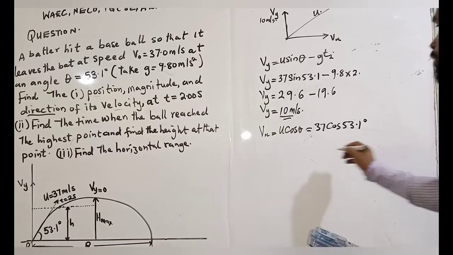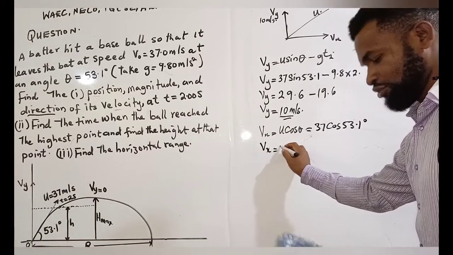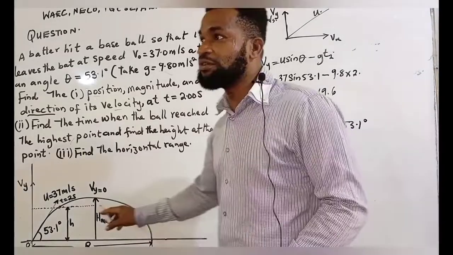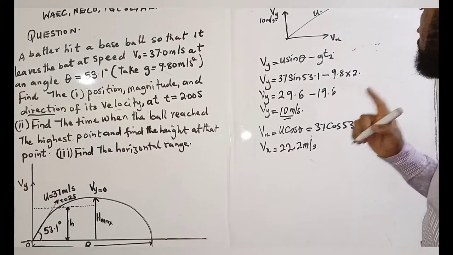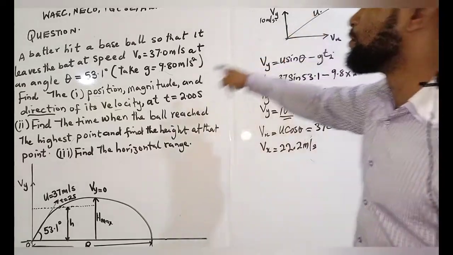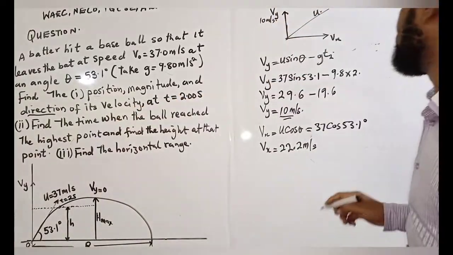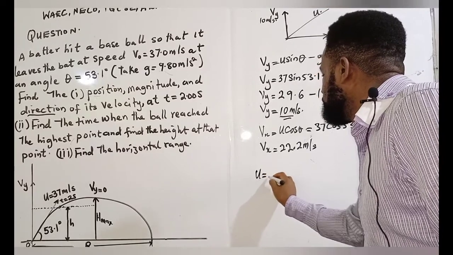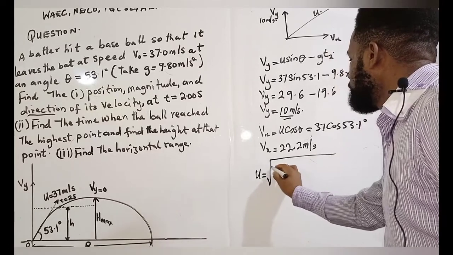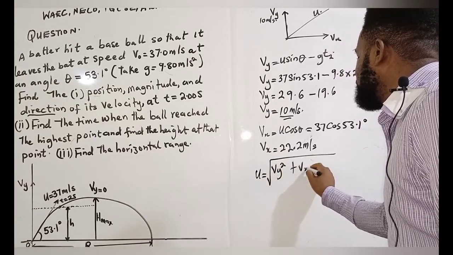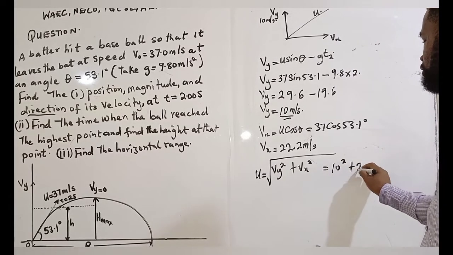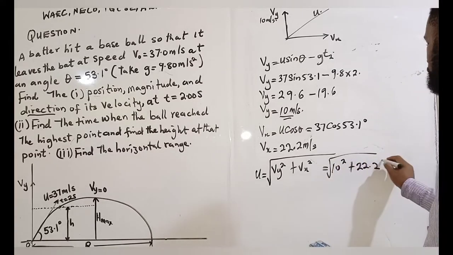So Vx is 22.2 meters per second. The next thing I'm going to find is u. Whatever I find for u is going to be the velocity that they say I should find. So u, the instantaneous velocity at 2 seconds, is going to be the square root of Vy squared plus Vx squared, and that is 10 squared plus 22.2 all squared.